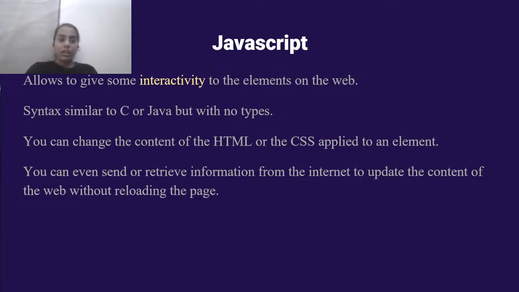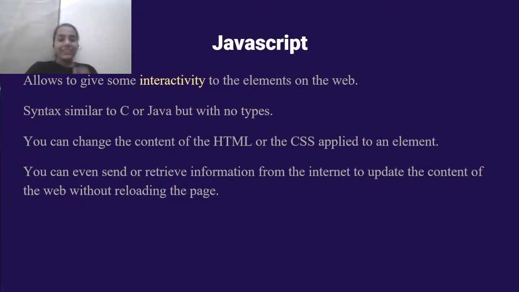Other key features would include asynchronous programming, which is programming using mechanisms like callbacks, promises, and async and await. Cross-browser compatibility, server-side usage, and libraries and frameworks. So it has a rich ecosystem of libraries and frameworks such as jQuery, React, Angular, Vue.js, which provide pre-built tools and components to simplify and speed up development.